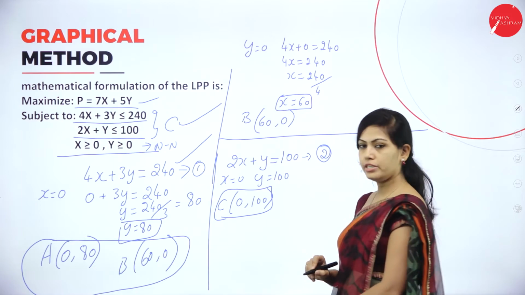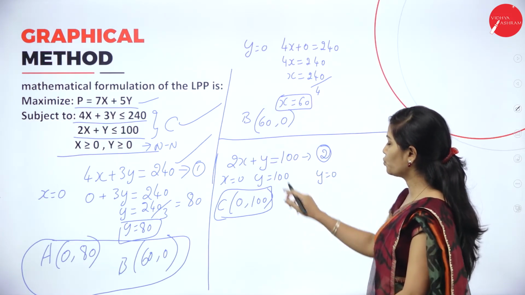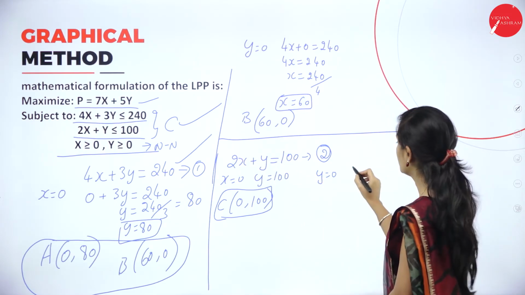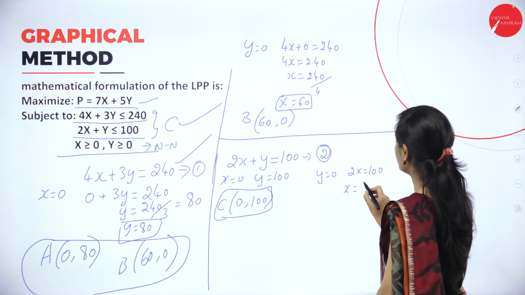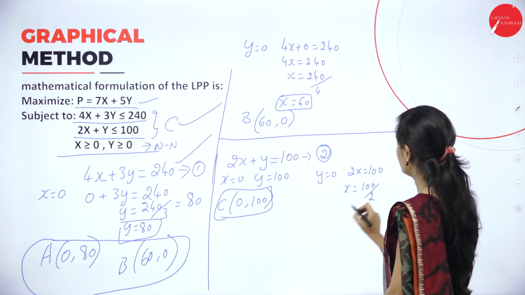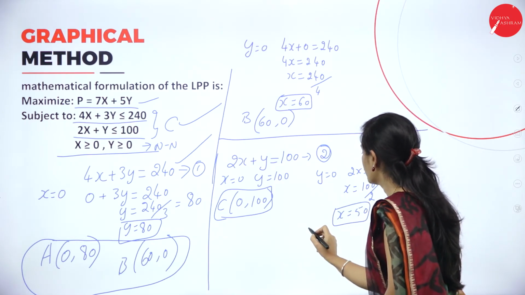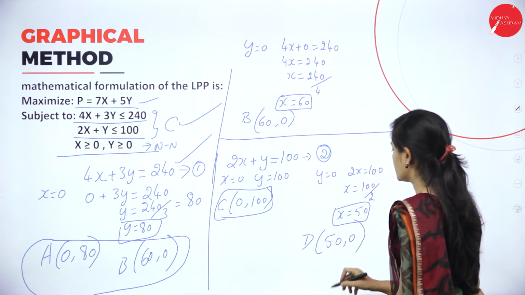This is the third point. Now put y is equal to 0. Then 2x plus 0 is equal to 100. 2x is equal to 100. X is equal to 100 by 2, which is 50. So point D is 50, 0.